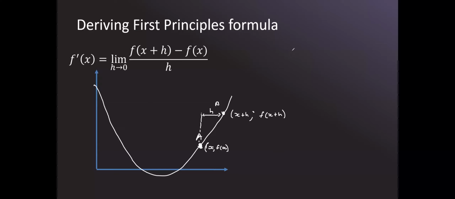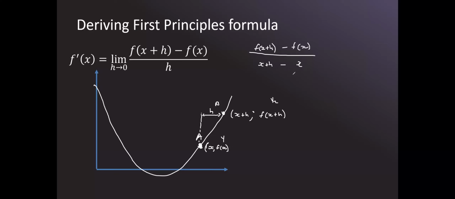All right. Now, how do we find the gradient of this? We say y2 minus y1 over x2 minus x1. So I will have f of x plus h minus f of x. This is my y2, this is my y1. Over x2, which is x plus h, minus x1, which is just x.